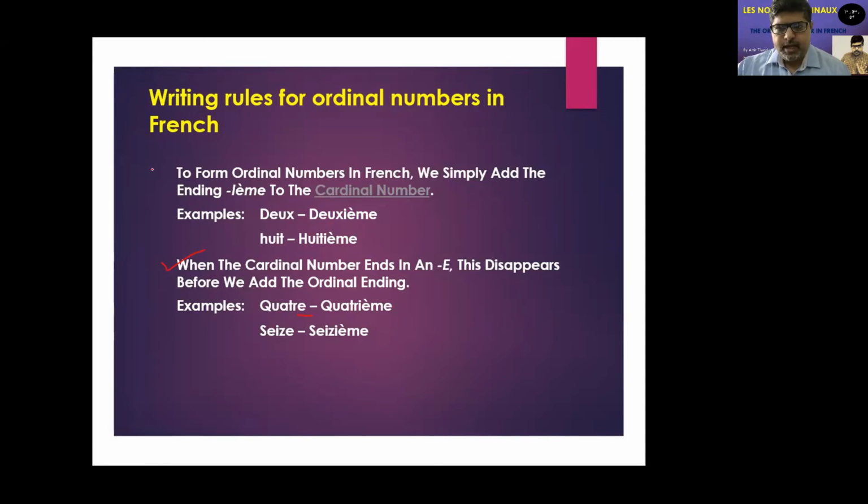So let us take rule number 1. Rule number 1 states that a simple suffix, that is I, E with the acute accent, then M, E, can be added to the cardinal number to convert it into the ordinal number. Likewise, deux plus ième gives deuxième.